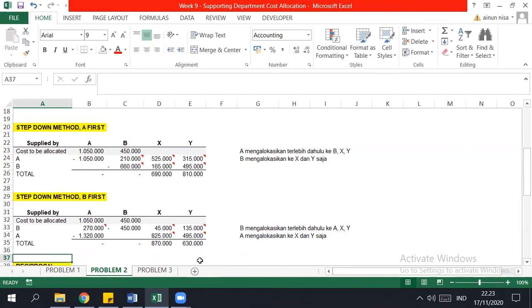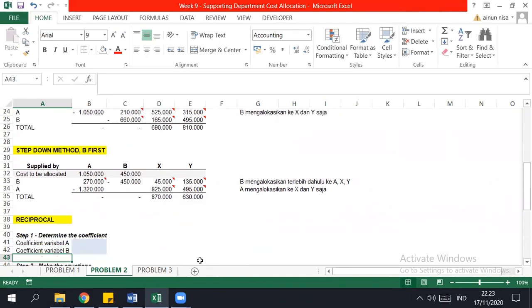Last but not least, from problem 2 is the reciprocal method. Now, for the reciprocal method, the concept is a bit different because we have to make an equation first, but first we have to determine the coefficient.